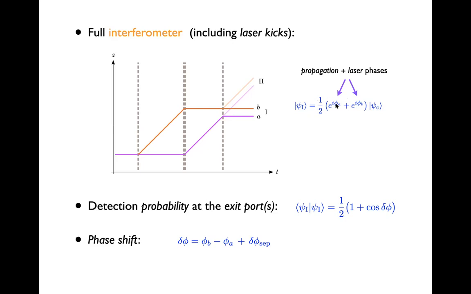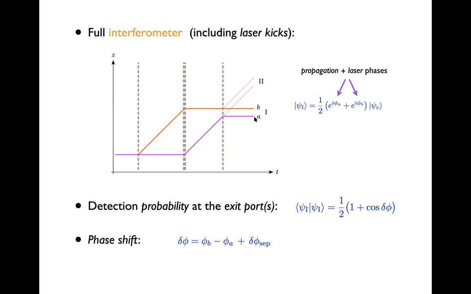And that gives rise to these phases accumulated along the two arms of the interferometer. In general, then, the probability of detecting atoms, or matter waves, matter particles, at each one of the exit ports is given by this quantity here, where delta phi is given by the difference in the phases accumulated along the two arms of the interferometer.